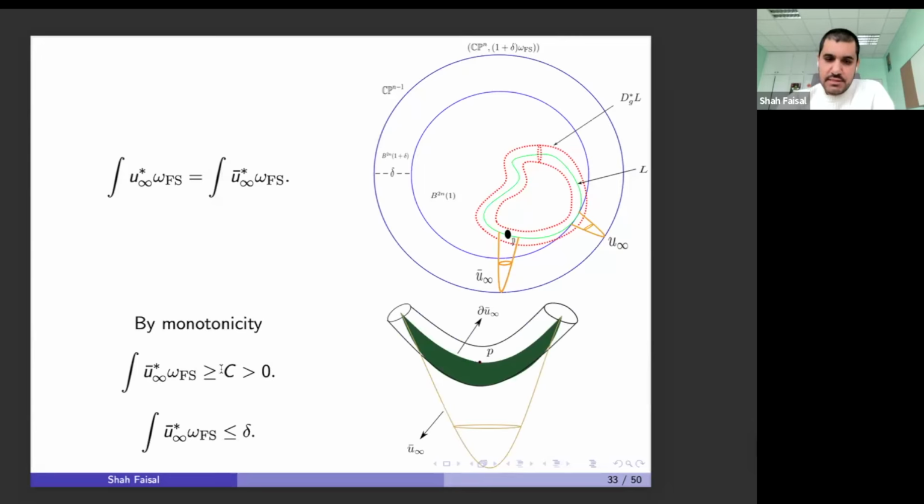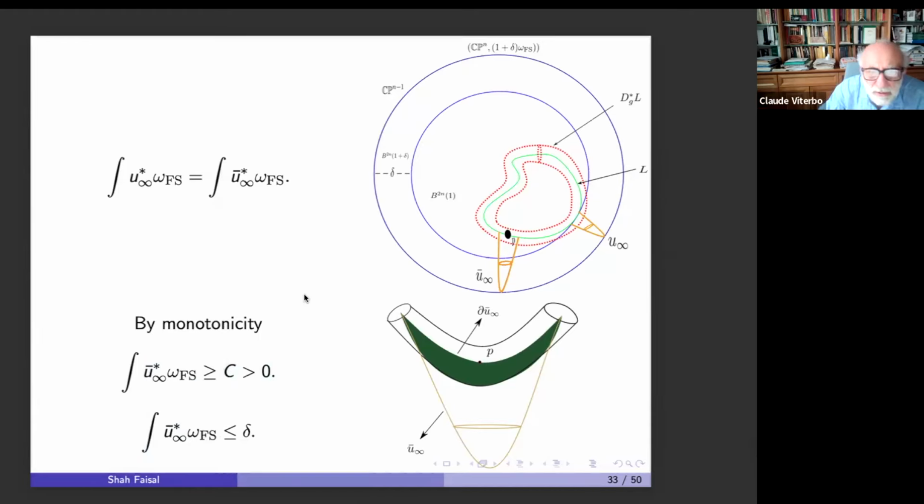So there is a constant C that doesn't depend on the delta I choose, and it bounds from below the area of that smooth disk. But by construction, I can make the area as small as I want. And this leads to a contradiction.